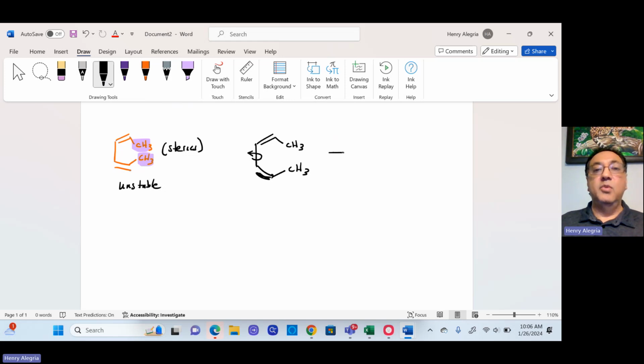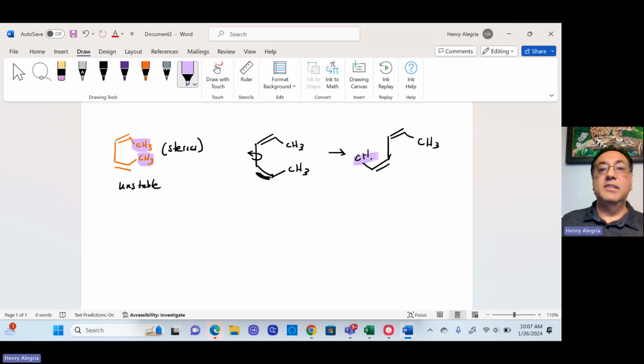When you undergo that rotation, here's this one, and then this is going to rotate so that the double bond is now here. And if the double bond is now here, where does your methyl group actually end up? Your methyl group is going to end up here. But now you have relieved any sterics that you might have had between these two.